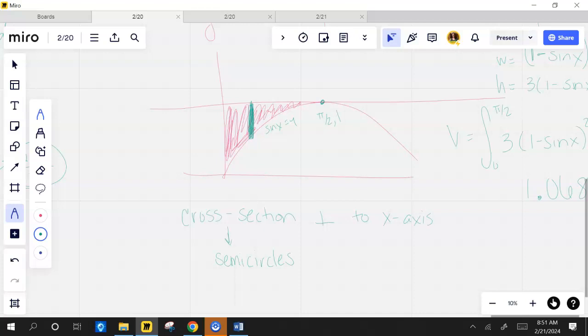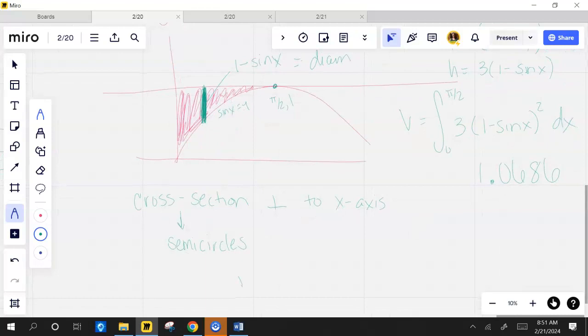You already did the work to find this. That is 1 minus sine x, right? So that is the diameter of my semicircle. So what is the radius? Half of that. So the radius is half of 1 minus sine x.